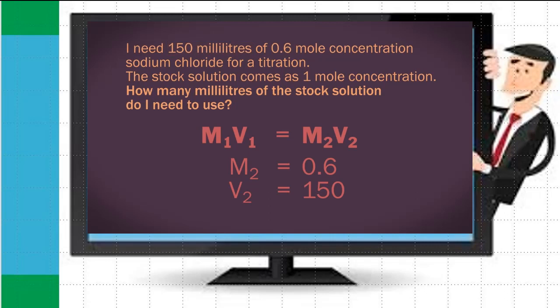Substituting in these values, we get 1 times V1 equals 0.6 times 150. So V1 equals 90 milliliters. That wasn't too tricky, was it? I told you it was a nice and easy equation. Watch the second part of this video to see how to use this equation for serial dilutions. Serial dilutions are just multiple dilutions and are no harder than the example we have just seen. You just need to remember that M1 V1 equals M2 V2 equation.